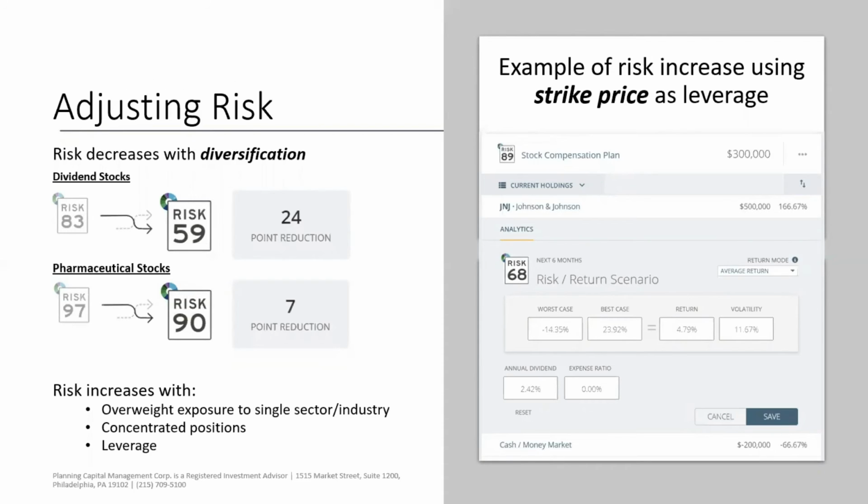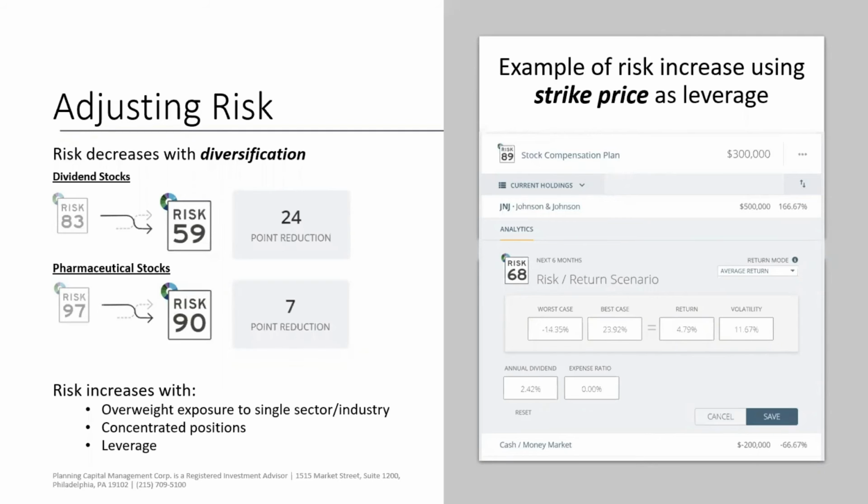What I would like to talk a little bit about is a specific example of how stock comp creates greater risk in a given position than the underlying position would imply. If I take Johnson & Johnson as an example, you can see on the right-hand side of the screen, Johnson & Johnson is a large company with a healthy dividend.